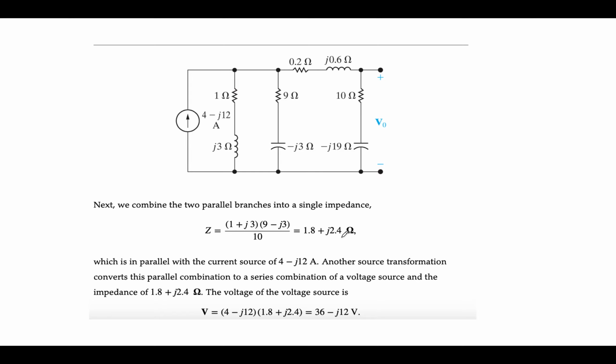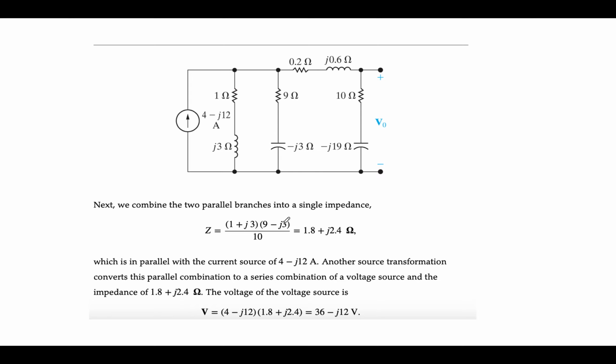Once again, you work with the J almost algebraically. So you would do this as the product of two binomials. So you would have 9 plus J27 minus J3 minus J squared 9, which would give you plus 9. So once again, if you need to review on how to manipulate that, you can.